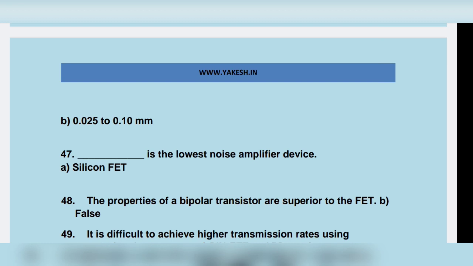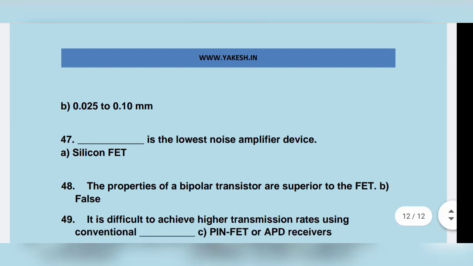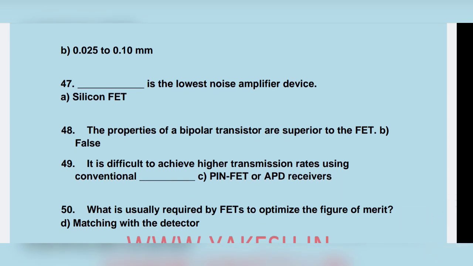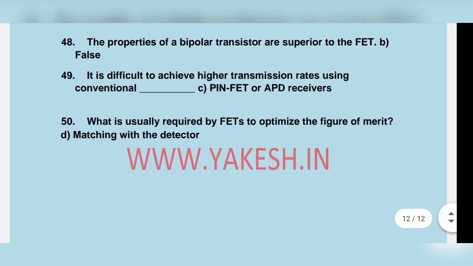Dash is the lowest noise amplifier device, silicon FET. The properties of bipolar transistor are superior to FET. False. It is difficult to achieve higher transmission rates using conventional, option C, PIN, FET or APD receivers. What is usually required by FET to optimize the figure of merit matching with the detector?